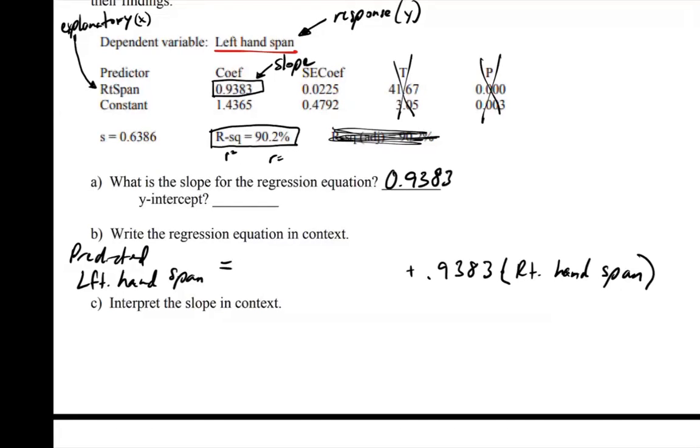The y-intercept is a constant. It's not in front of a letter. So you see constant right underneath. The coefficient of the constant is the same idea, but it doesn't have a letter in front of it. The constant is just itself. So this guy right here is the y-intercept.